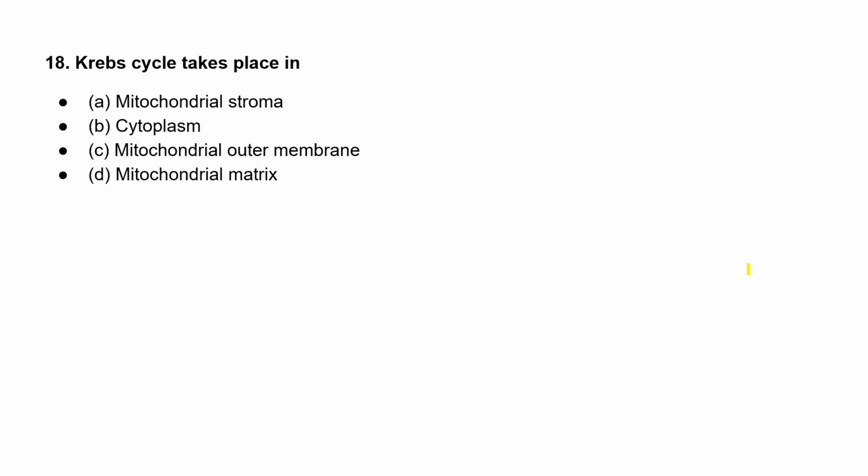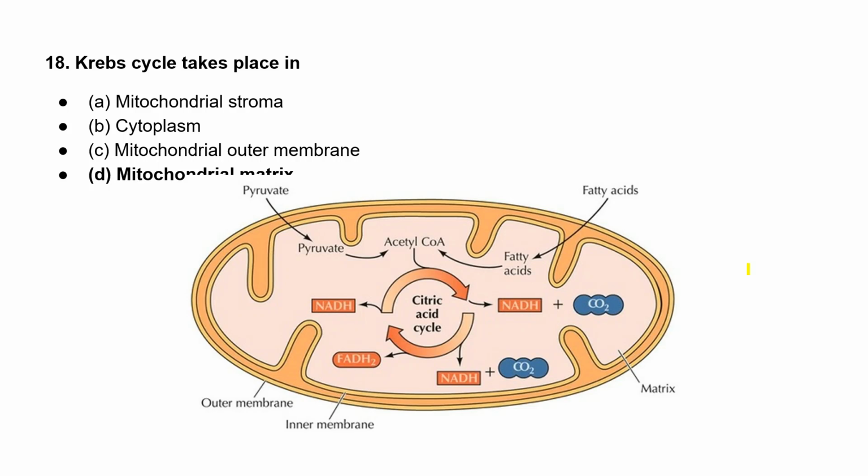Okay, anyone else? Okay, you are right. The Krebs cycle takes place inside the mitochondrial matrix. So here this is the matrix of the mitochondria, and inside the matrix the Krebs cycle will take place.